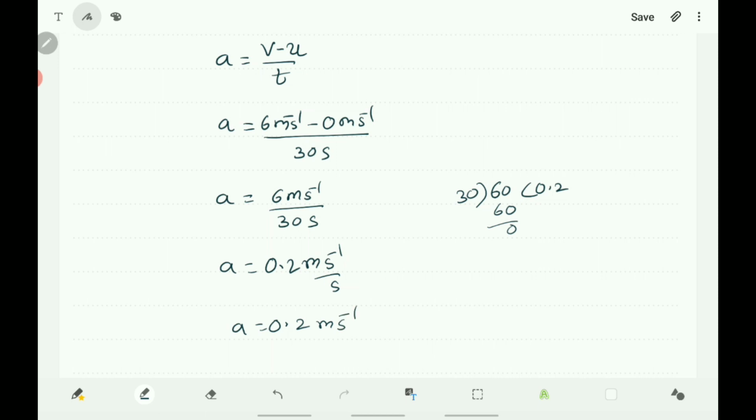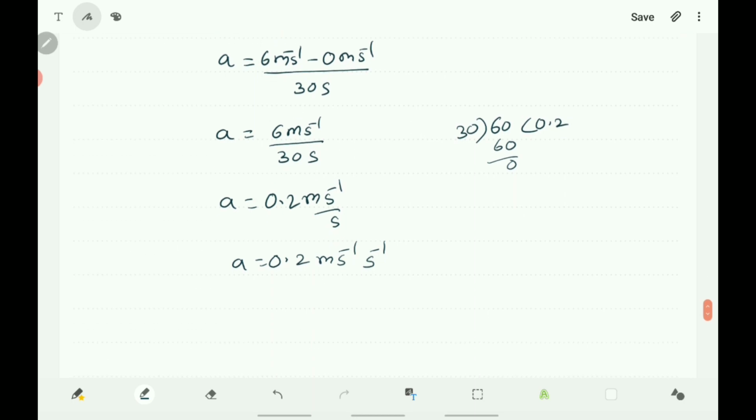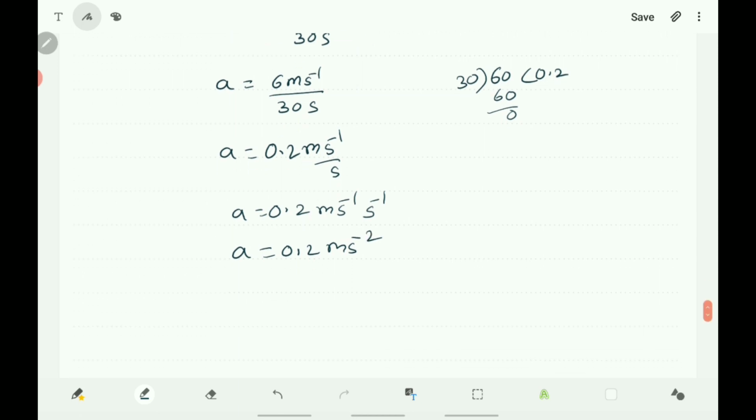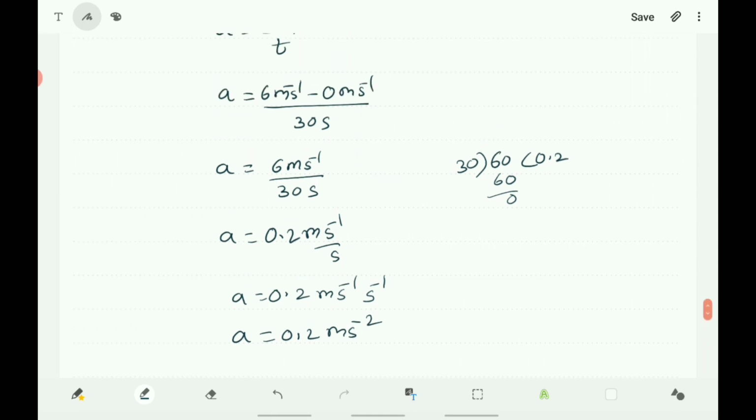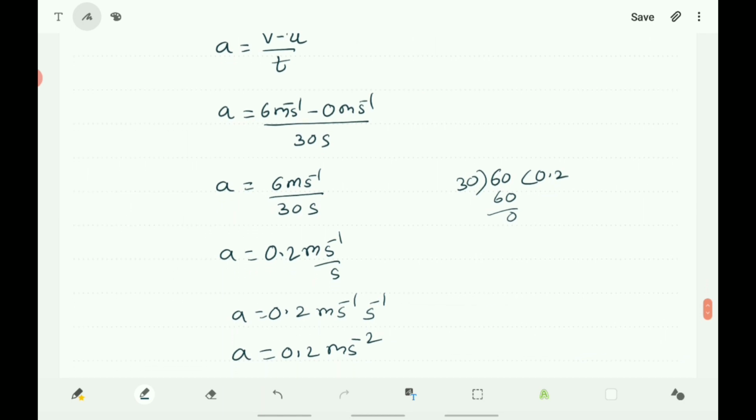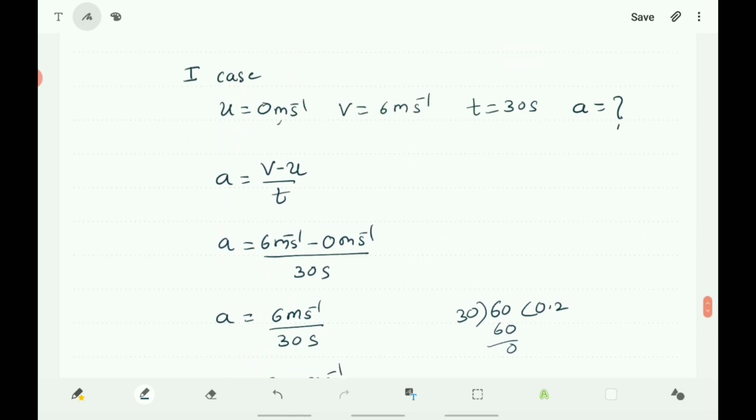This s is in the denominator, means it is also s^-1. So it becomes a is equal to 0.2 ms^-1 plus -1 is -2. That is 0.2 ms^-2, the acceleration when the initial velocity is 0 and the final velocity is 6 ms^-1.